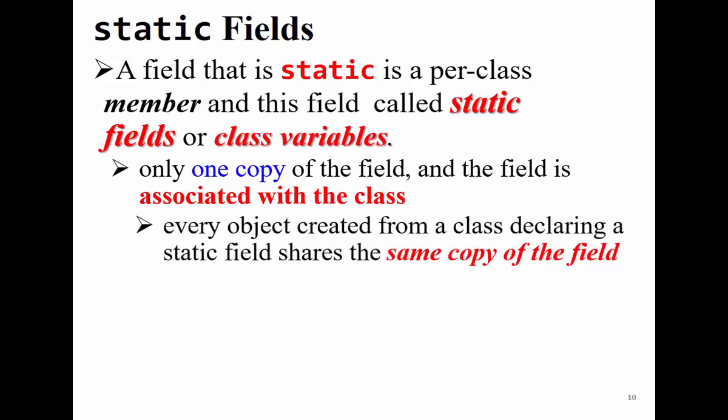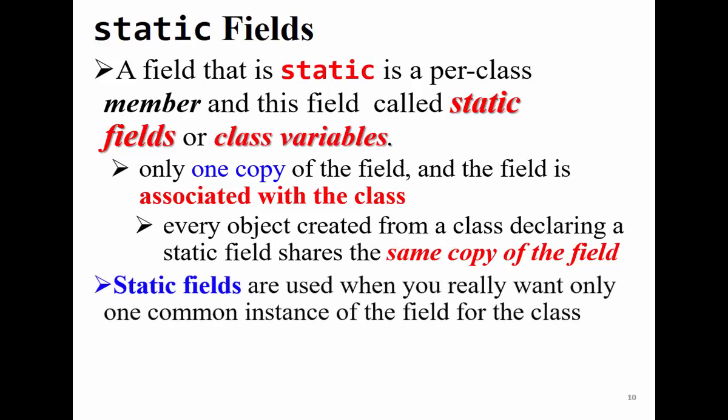Every object created from the class has the same copy. So the value for this field is fixed for all the objects inside the class. For a static field, you define it only once when you see that the class you are defining has some common value, common state. All the objects will have the same state.